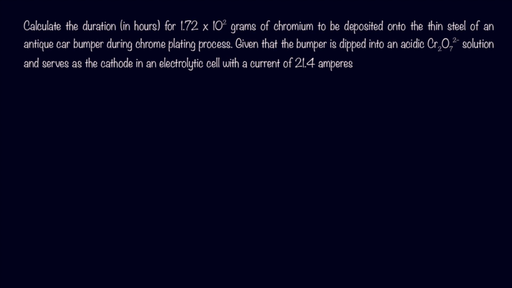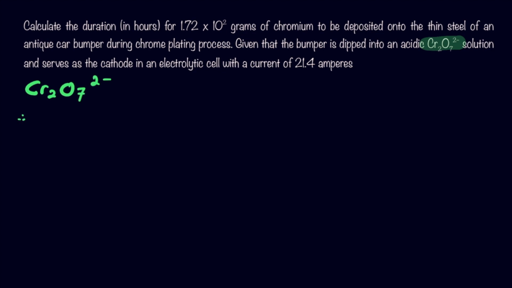Right, so given in this question, it was dipped inside the acidic solution of Cr2O7 with the ionic form of 2 minus. So now we need to know the oxidation number for chromium. So I'm just going to write again Cr2O7 2 minus.